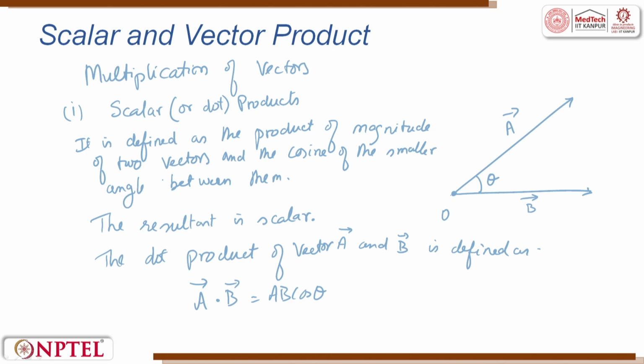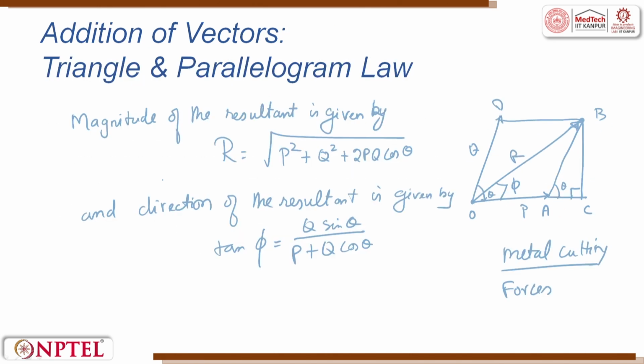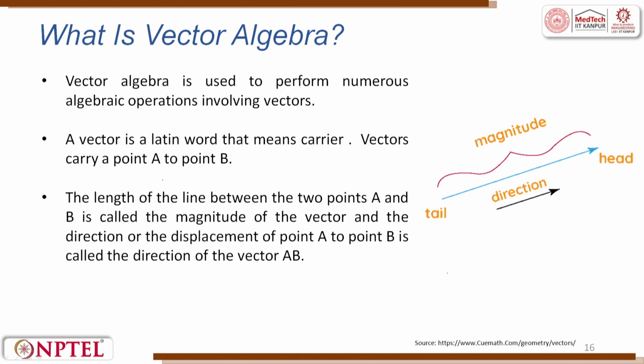So, we saw what is triangle law, what is parallelogram law, which are used for addition of vectors. Then we saw multiplication of vectors, scalar product and vector cross product. Now, let us try to understand a little bit of vector algebra.